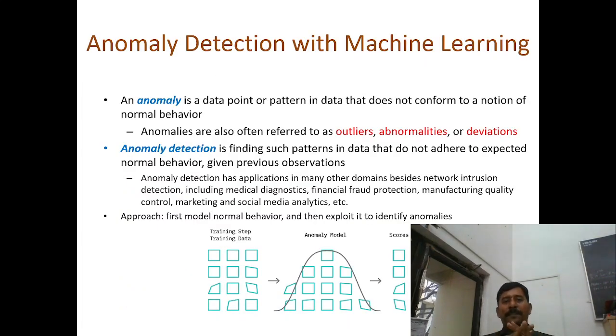Now coming to the next one, anomaly detection with machine learning. So we know what is meant by anomaly. An anomaly is a data point, or sometimes you can call it a pattern in data, that doesn't conform to a notion of normal behavior. Anomalies are also referred to as outliers, abnormalities, or deviations.